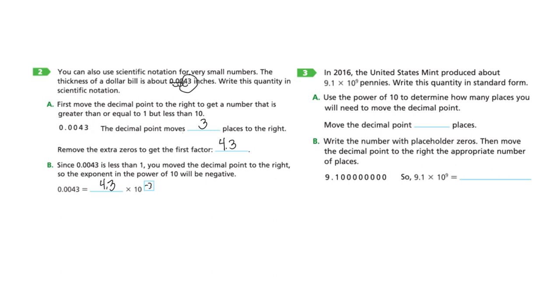Number 3, in 2016, we read that. A, use the power of 10 to determine how many places you will need to move the decimal point. So this power of 10 tells me how many places I need to move that decimal point. So if I have 9.1, and then I want to move that 9 places, 1, 2, 3, 4, 5, 6, 7, 8, 9, I would just fill in zeros there.